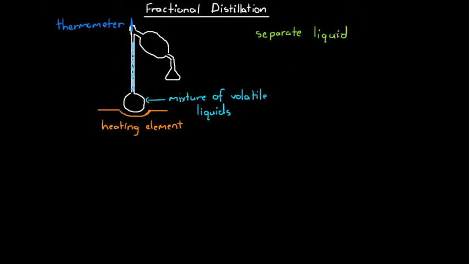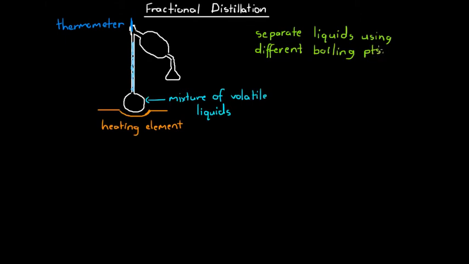And so what it does is it separates these liquids by making use of the fact that they all have different boiling points. So basically most of our organic substances that we deal with are quite volatile.